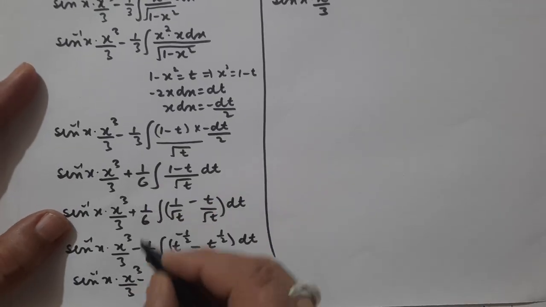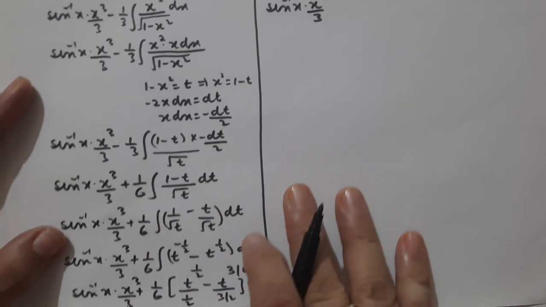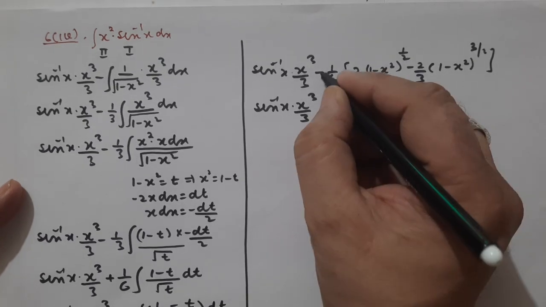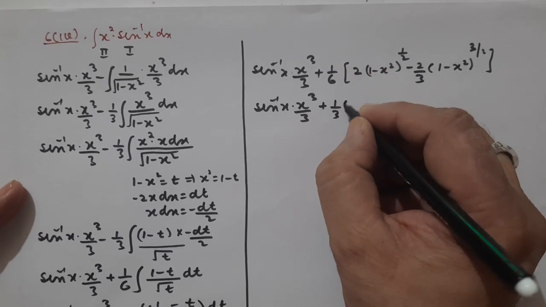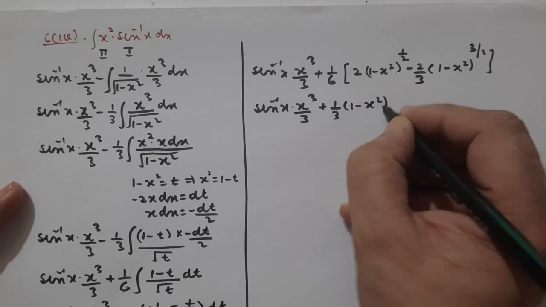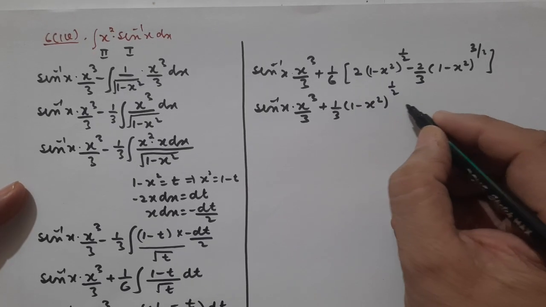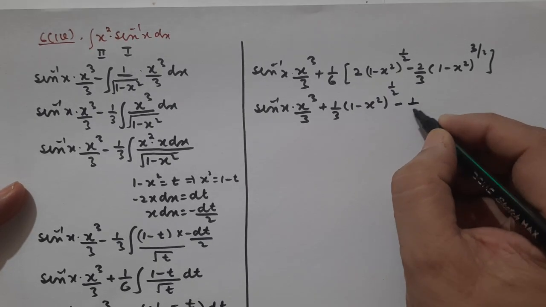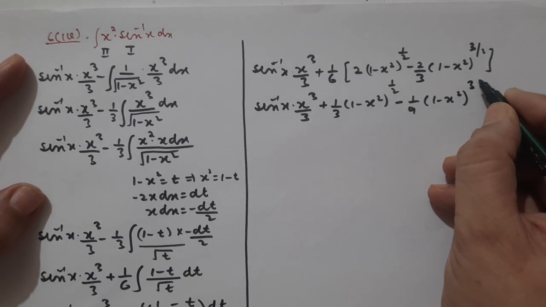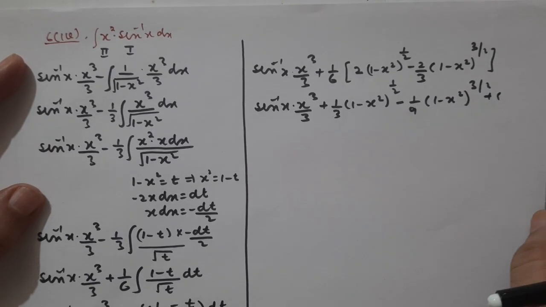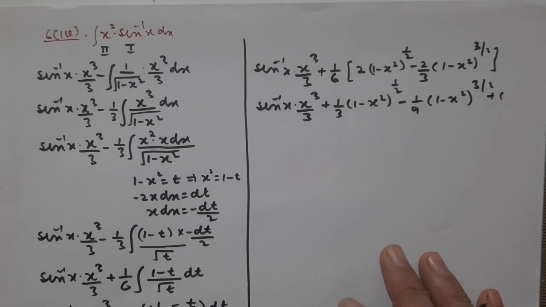Here we have plus sign and plus sign, so this becomes plus. When we multiply the bracket, we get 1 by 3 times 1 minus x square power 1 by 2 minus 1 by 9 times 1 minus x square power 3 by 2 plus c. So this is the complete solution.